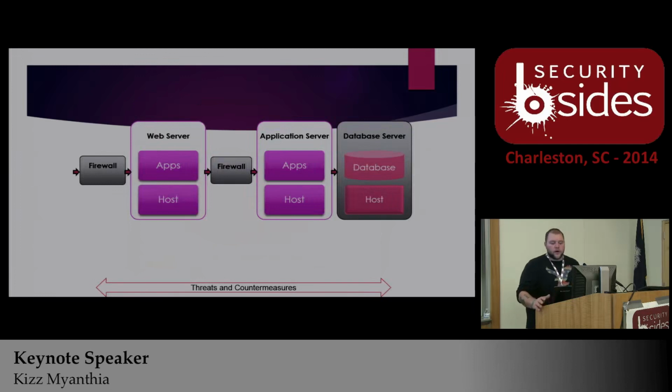So where really does security fall? Security falls across the entire gamut. It doesn't matter if you're doing a pen test that deals specifically with networks or one that specifically deals with applications. There are vulnerabilities that fall within each and every one of these groups.